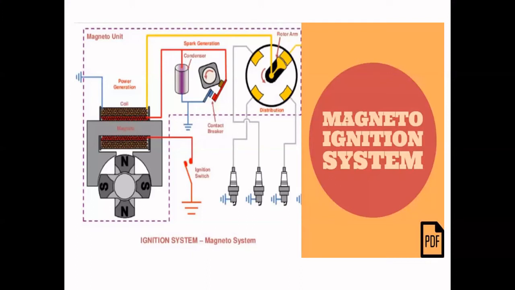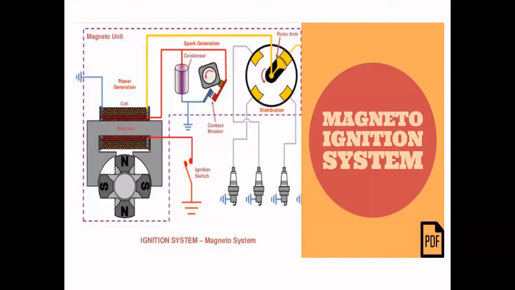Once the condenser is charged due to the opening of the contact breaker, the primary current flow through the coil is reduced.